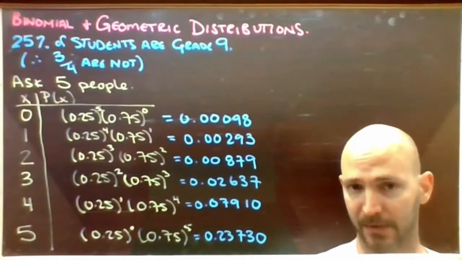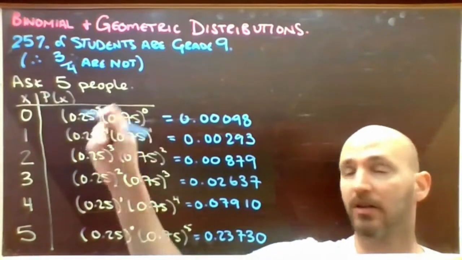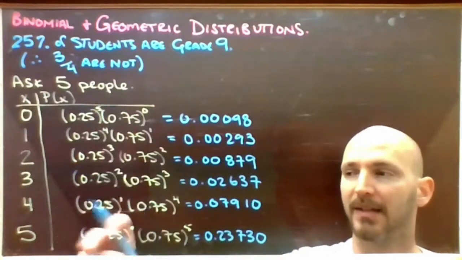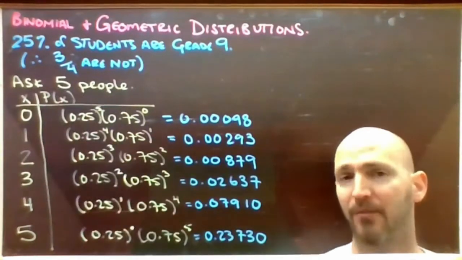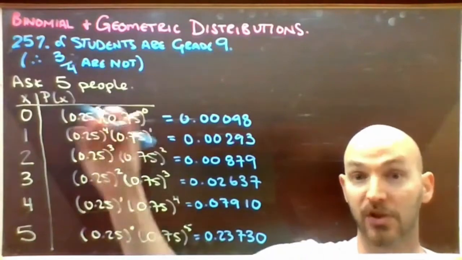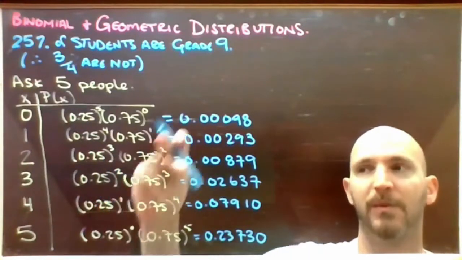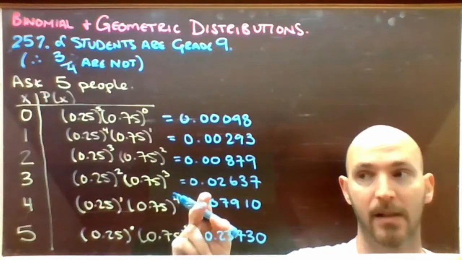There aren't any other options. So I've covered everything. This chart does not go on forever, right? The next row would be 6. What's the probability of 6 of your 5 people being not in grade 9? Well, you can't have 6 out of 5. So this chart is done, which means these probabilities should add to 1, 100% chance.